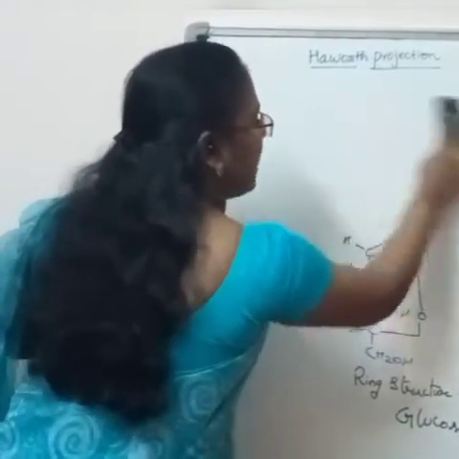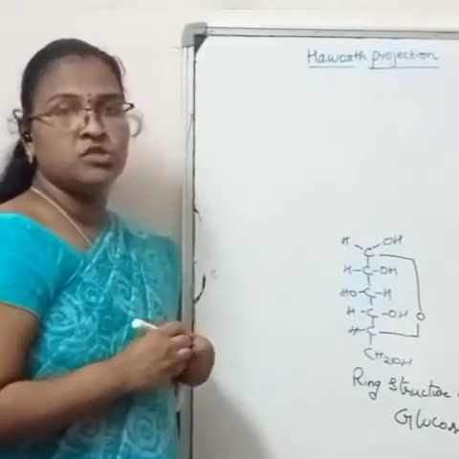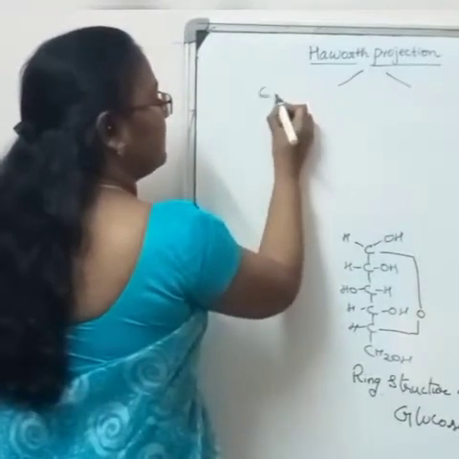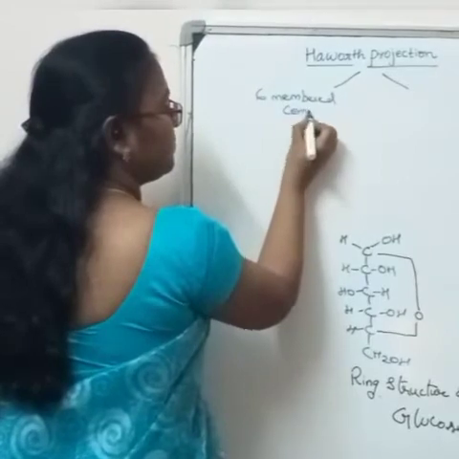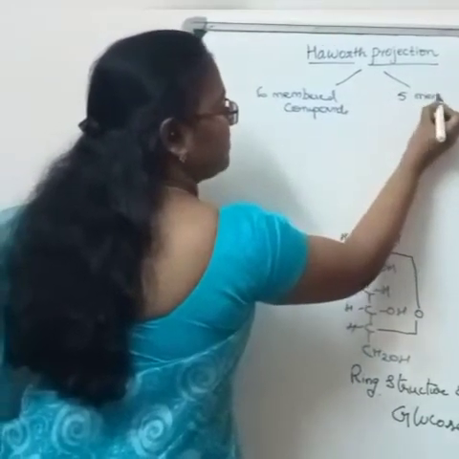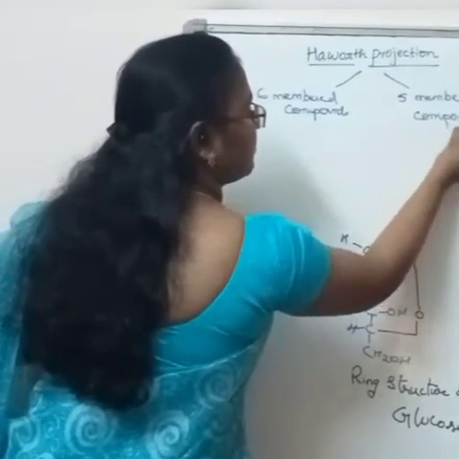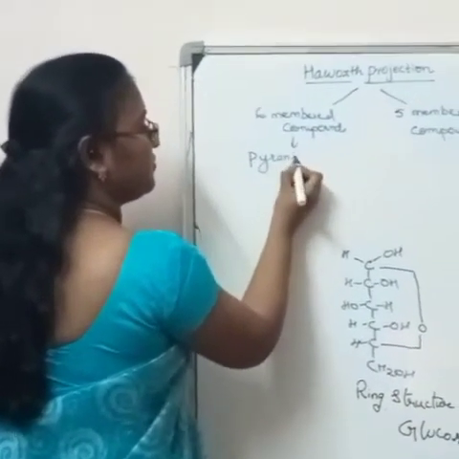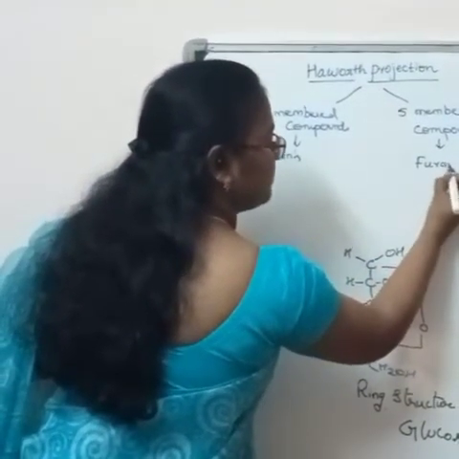As it is a six-membered compound, we generally prefer the pyranose structure. In Haworth projection, two kinds are there: for six-membered compounds it forms pyranes, and for five-membered compounds it forms furans.